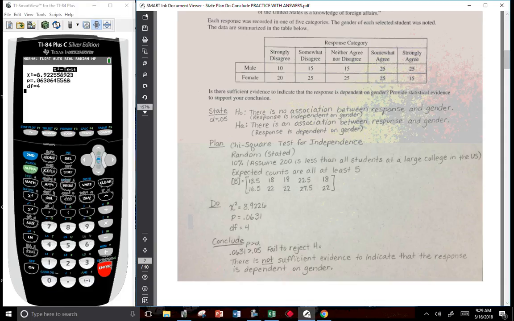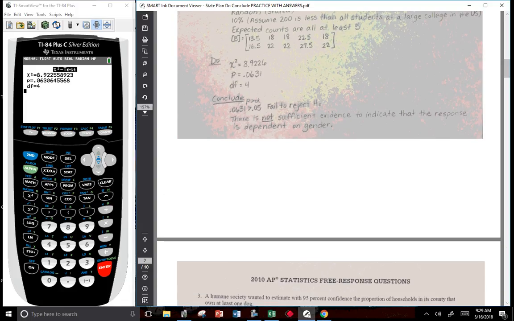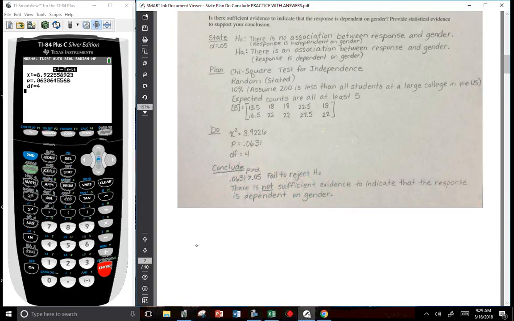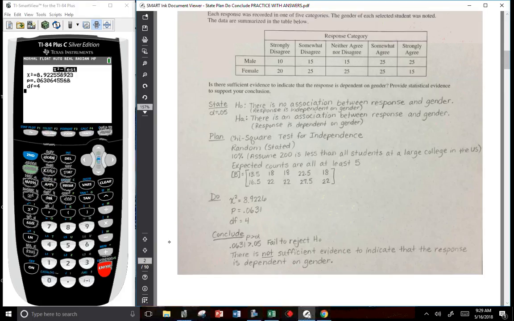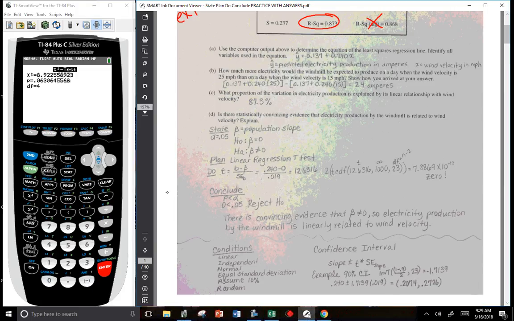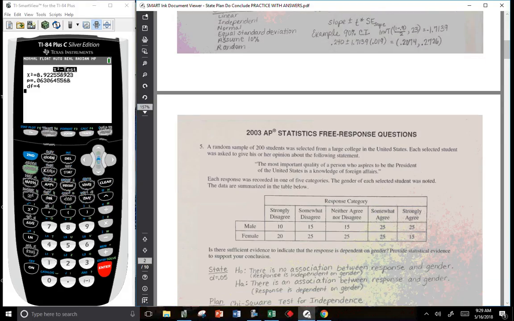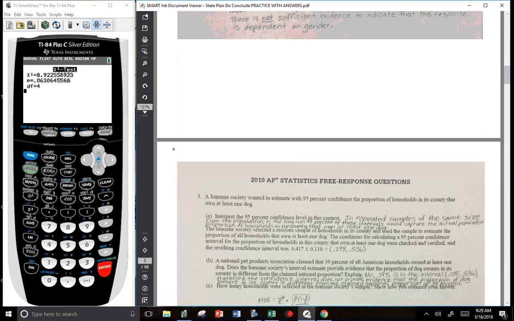We are 95% confident that the interval from whatever number to whatever number captures the true proportion of all households who have at least one dog. That's the confidence interval interpretation. When we interpret the confidence interval, don't we always say captures the true population mean or population proportion or whatever the data is?